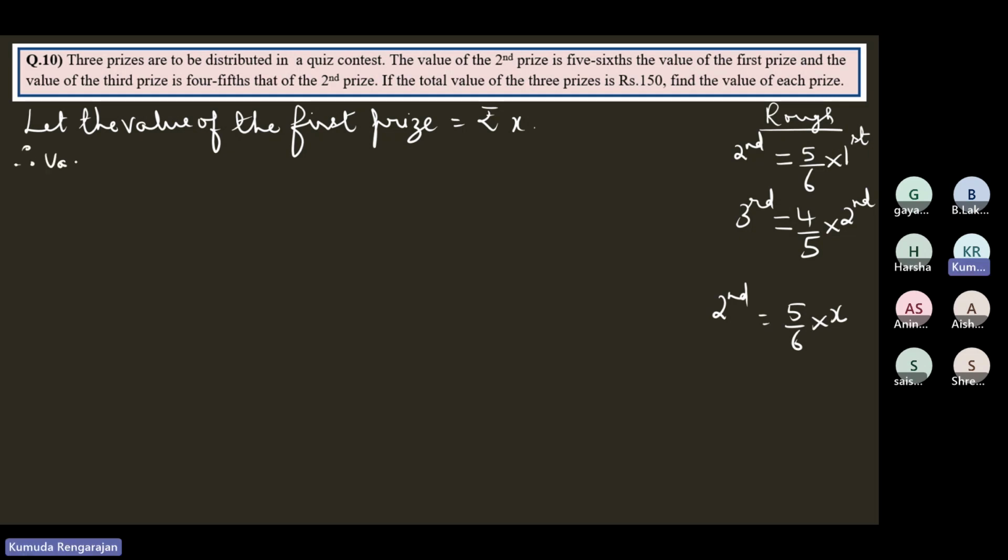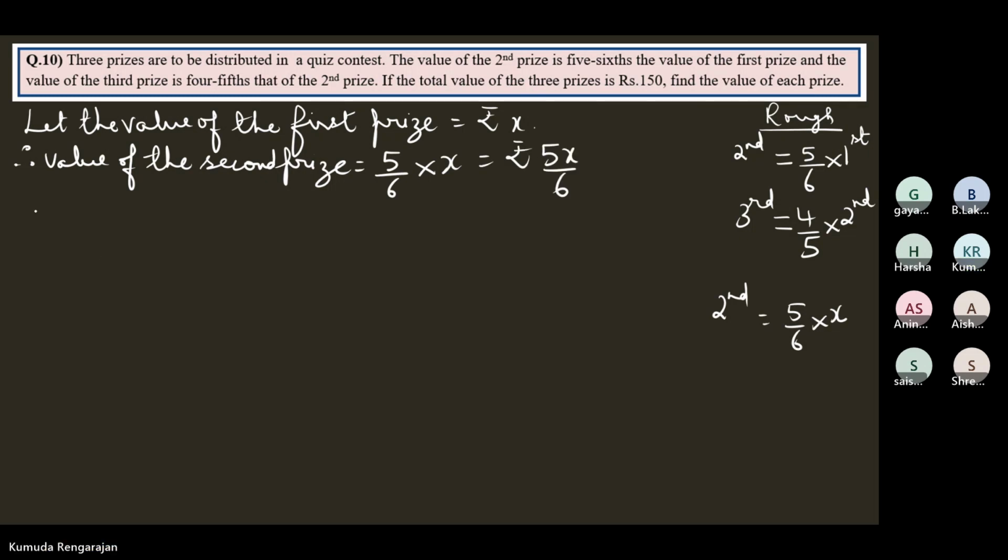Therefore, value of the second prize is equal to 5/6 into X, which is rupees 5x/6. And the value of the third prize is equal to, so come back here.